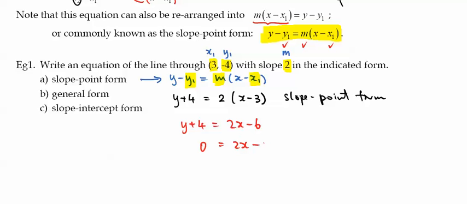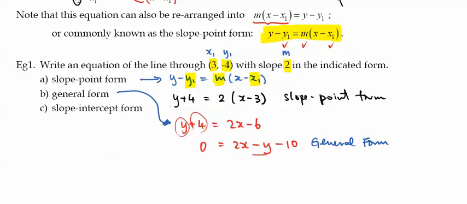So moving the y to the other side, the y becomes minus y, and the plus 4, bring it to the other side, becomes minus 4. Minus 6 minus 4 will give us minus 10, and this will then be the equation in general form. This is the general form for part B.